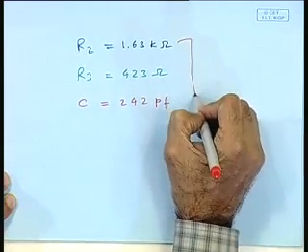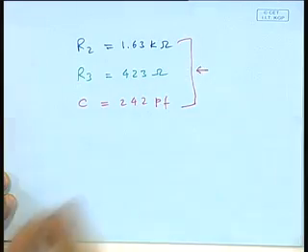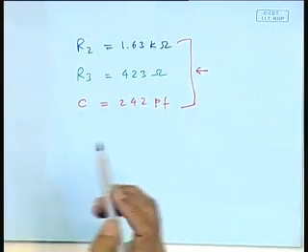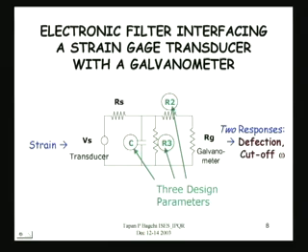Now these are the specs for the components of the electronic filter, and you see the electronic filter on the screen here. I've got R2, and I've got R3, and I've got C. These are the three design components, the three design parameters that I can play with. By playing with this, I can come up with any target cutoff frequency.